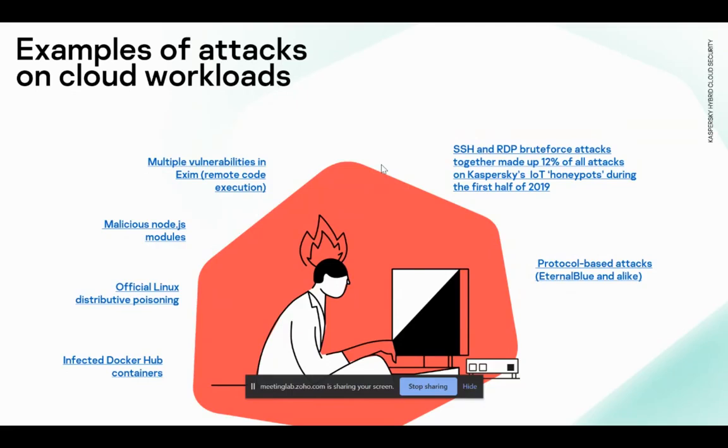Then multiple vulnerabilities: if you don't keep your OS and your applications up to date, you are exposing your vulnerabilities. Then we already saw the SSH and RDP brute force attacks. Then there are protocol based attacks like Eternal Blue. Then there is Linux distribution poisoning. Then there are container attacks, that is infected Docker Hub containers.